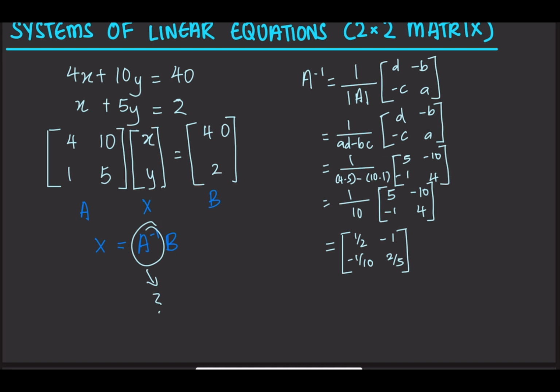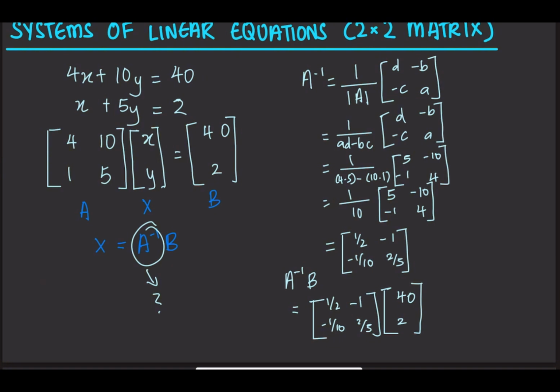Now we have to multiply by B, right? So A inverse B is 1 half, negative 1, negative 1 over 10, 2 over 5, multiplied by B. What is B? 40 and 2.